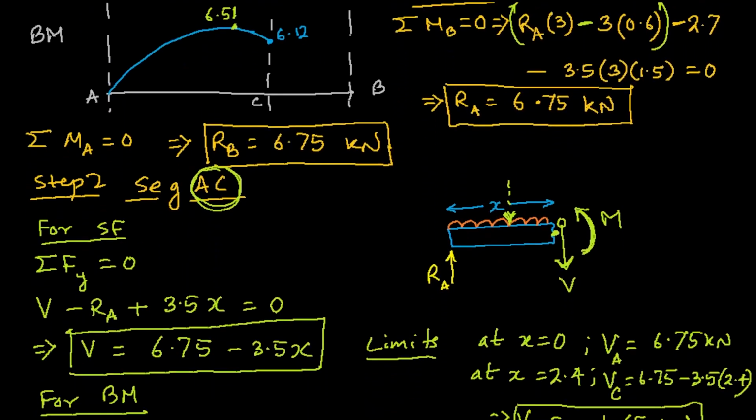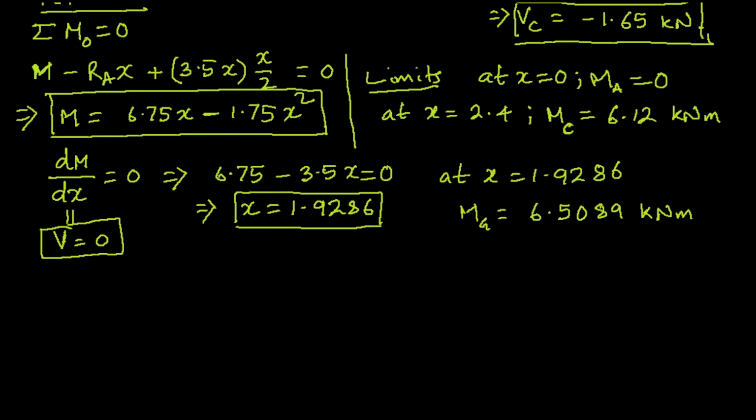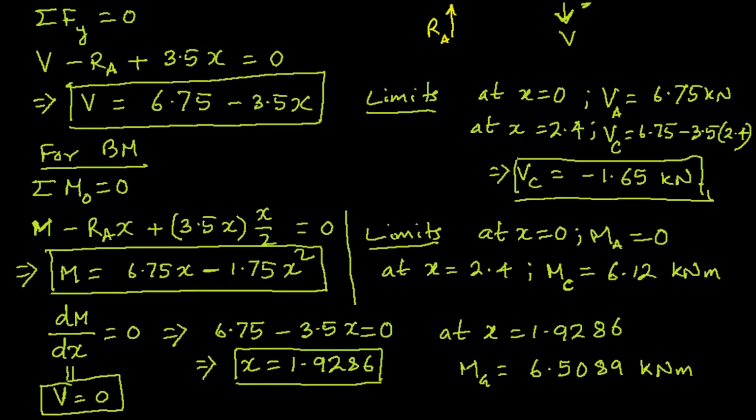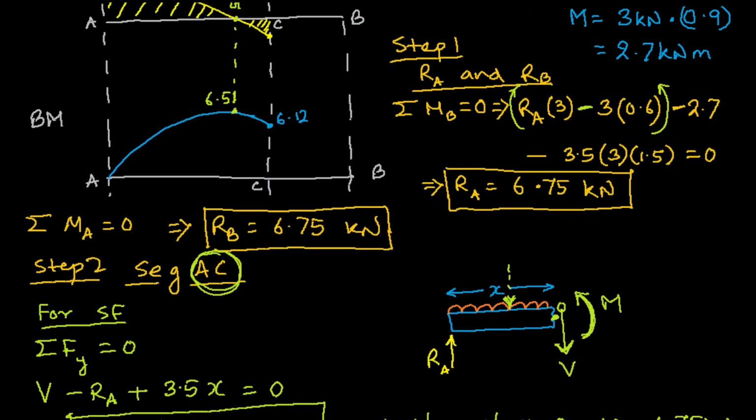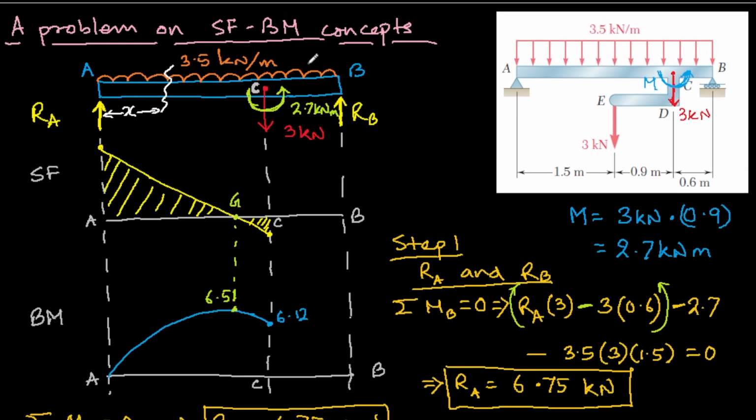So exactly in the same way, step 3, if I can write, that is for segment CB. Okay. So again, you have to follow the same thing, and you can go to a cross section here and cut it somewhere, and then again you have the option of keeping this left side as the free body or the right side as the free body.